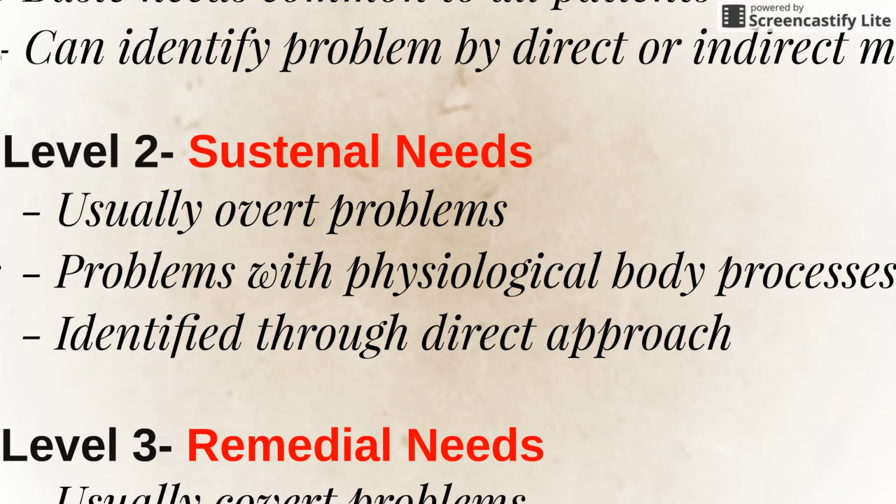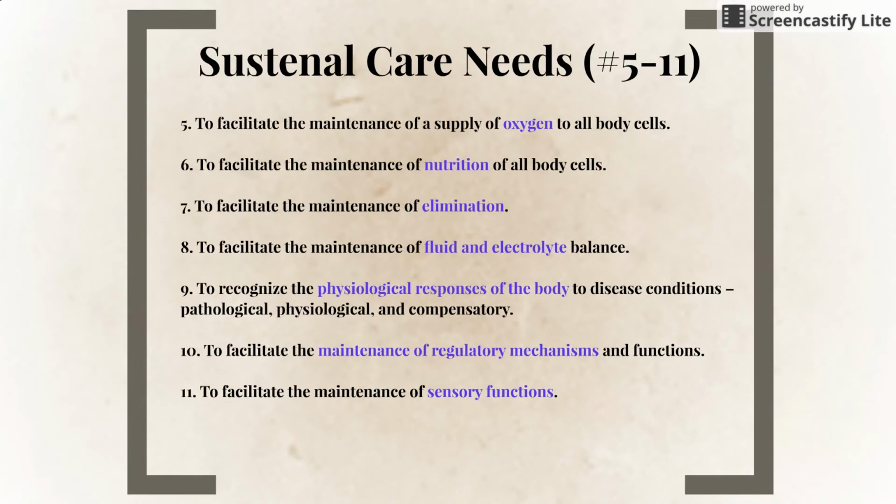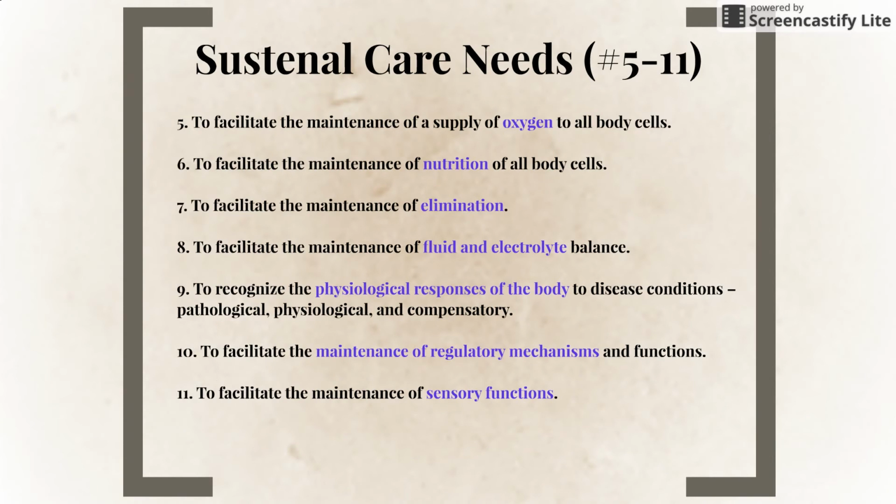The second level is called sustenance needs. These are usually considered overt problems, and they're focused around problems based on physiological body processes. So these are obvious things that we can see through assessments and looking at the patient, and so they're identified through direct approaches. Abdellah identified these as statements 5 through 11 of her 21 problems. These include maintaining supply of oxygen to body cells.